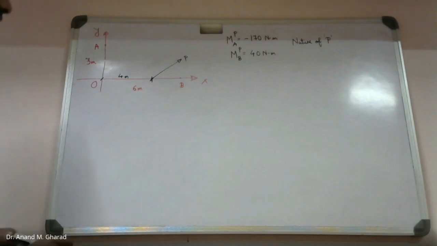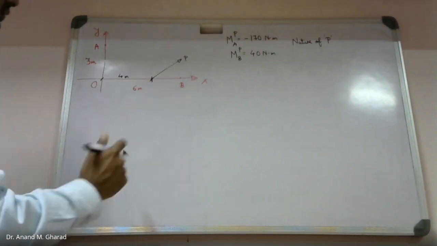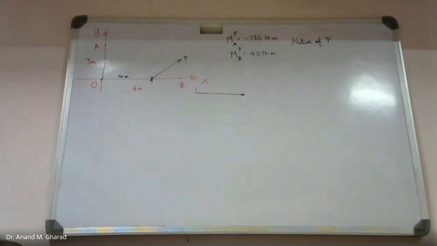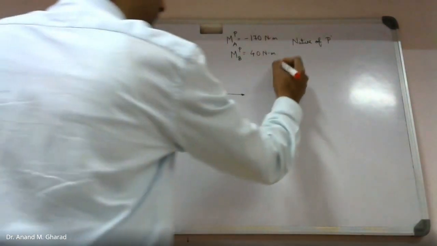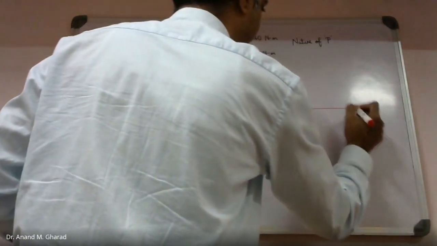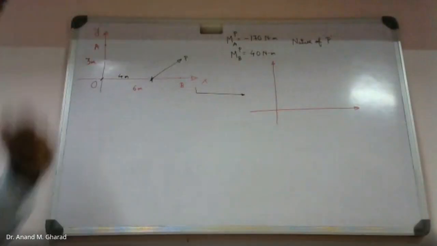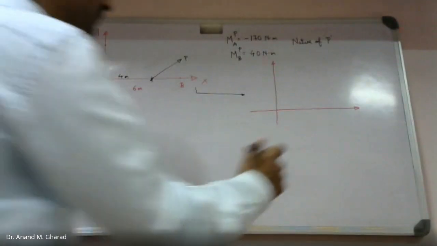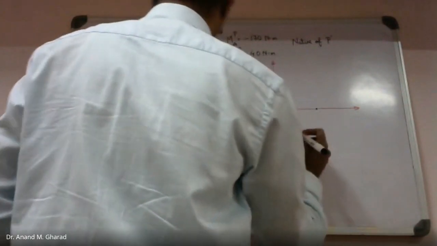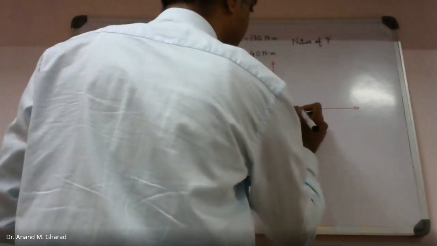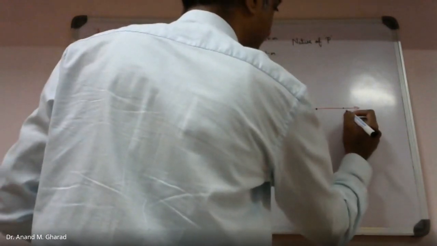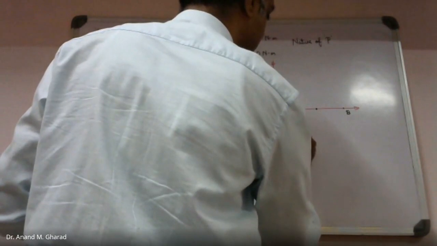Okay, now since it is an inclined force, can I say that this system is equivalent to this one, where I will be resolving this into components, as simple as that. So somewhere here is this point, which is a 4 meter distance from point O, and this is point B, this complete distance is 6 meter.